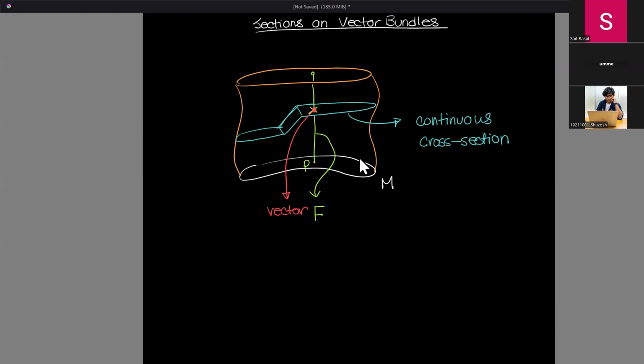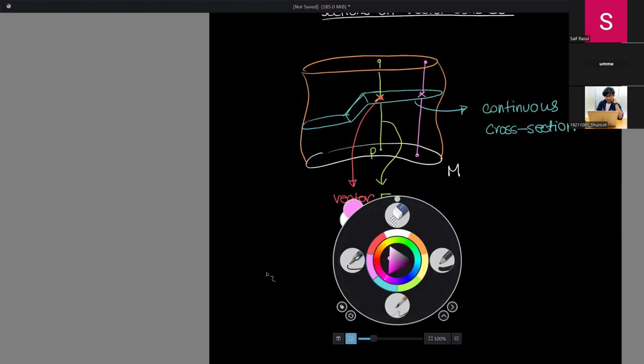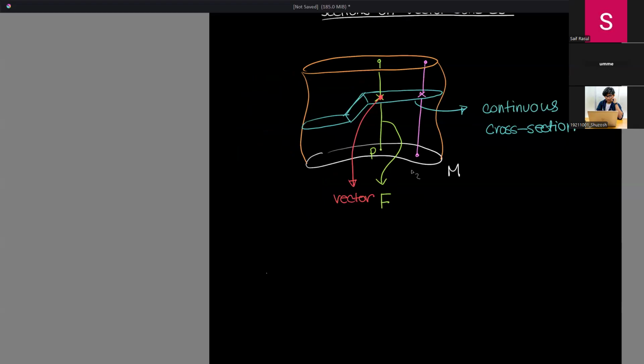So what I mean is, for example, there's another fiber, and that fiber gets a vector chosen with this section as well. And you can think about every single fiber on the manifold, the cross section will cut through it somewhere, and that will choose a vector at that point on the manifold. And so what we end up getting is a choice of vector for each point on the manifold.